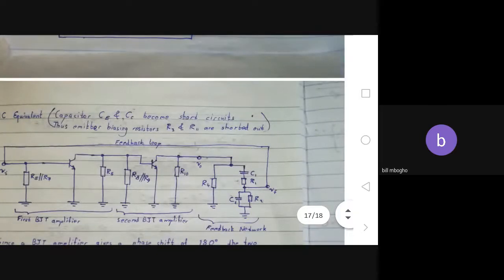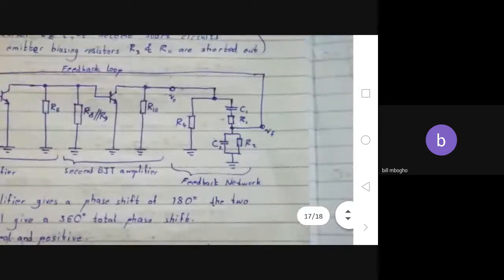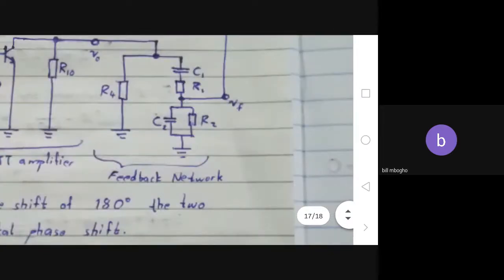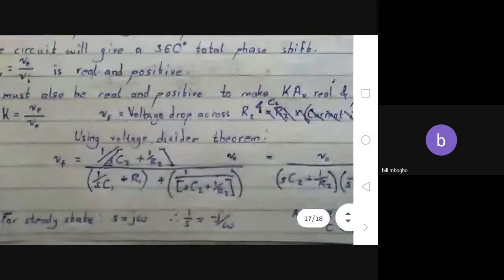So you'll have the VF being tapped in between. So it'll be the drop in the parallel C2 and R2 combination. So it's this one here.